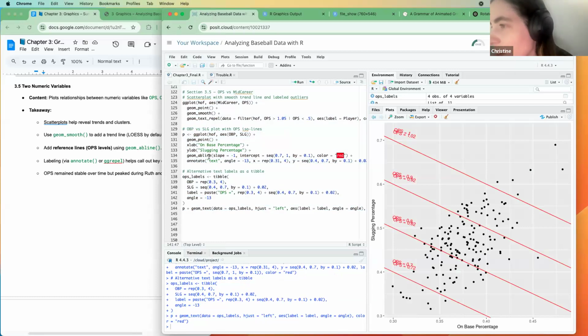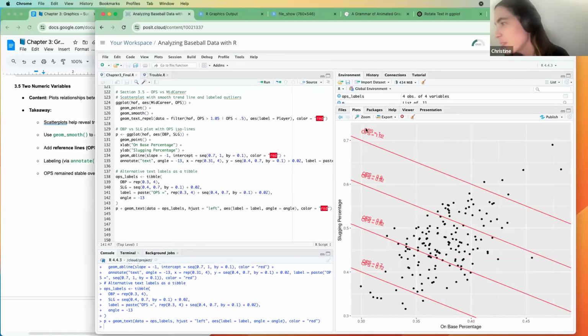Yeah, I'd be curious, especially the baseball fans, if you have any perspective on what the meaning is of these lines, like why we would want to look at OPS like this. Looks like a lot of people once again crowding here, and then maybe it helps look at outliers too. Seeing some up here. I remember reading a little bit about the meaning.